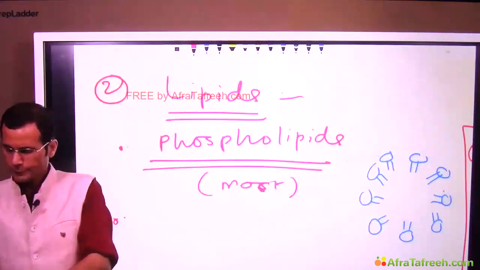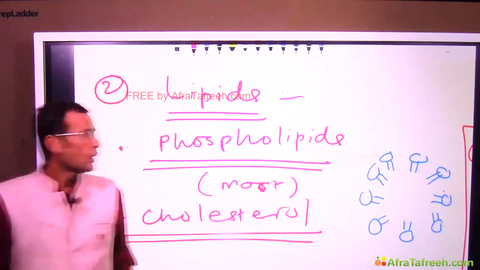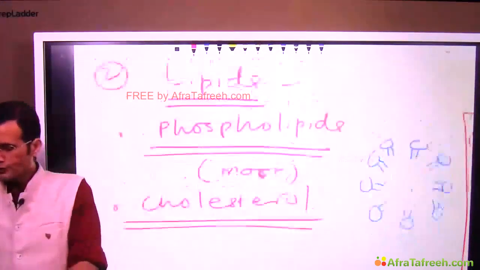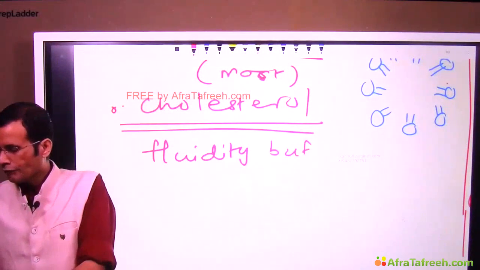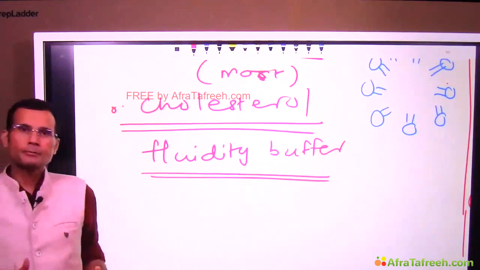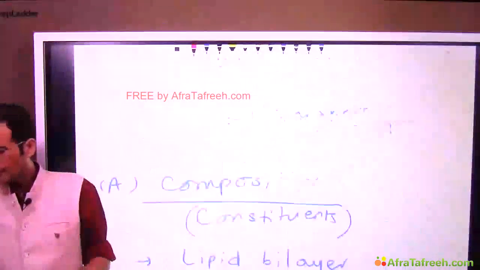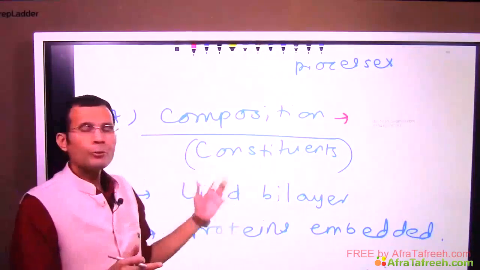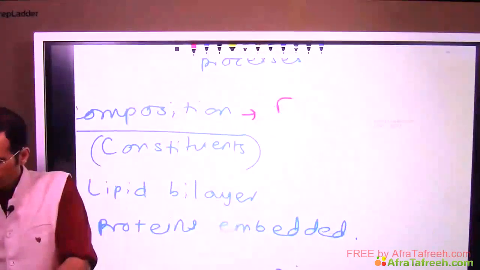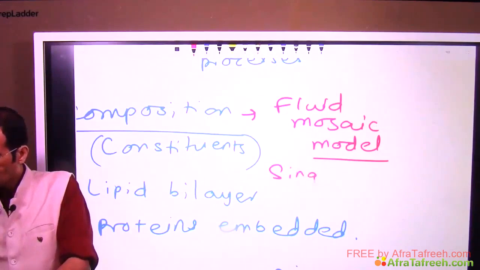Apart from that, another important constituent is cholesterol. Cholesterol is said to be the fluidity buffer in the membrane. You know, our cell membrane's proposed model is the fluid mosaic model, which is also called the Singer-Nicolson model.